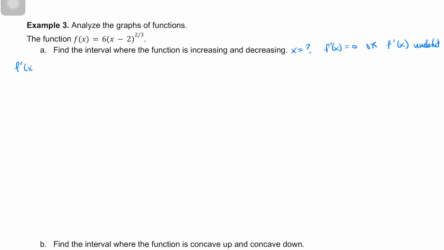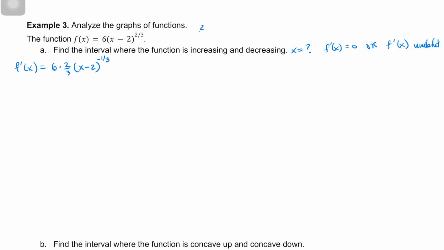We have a function inside a power function, so we have to use the chain rule. Bring down the power of 2/3, leave the inside as it is, and then subtract 1 from the power. 2/3 minus 1 is going to be negative 1/3.